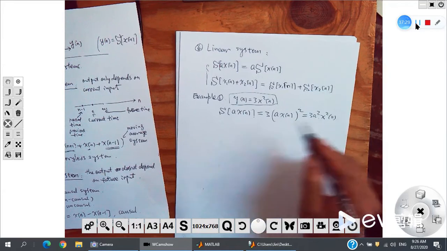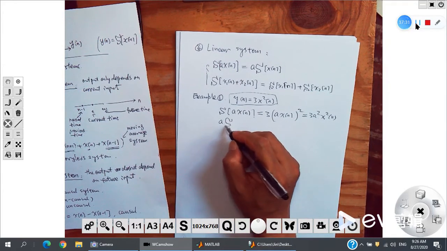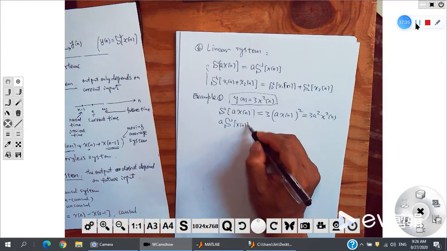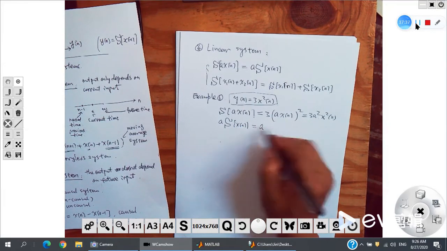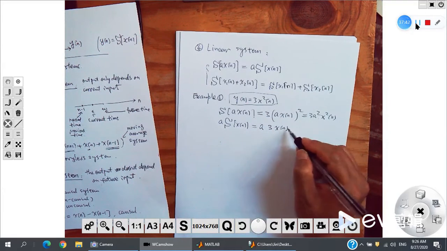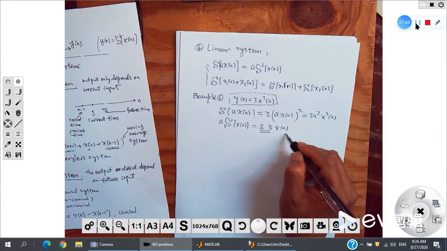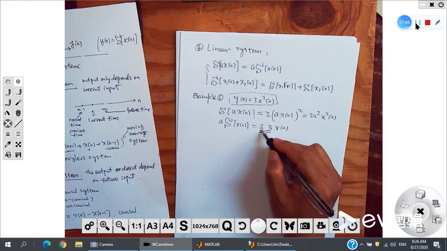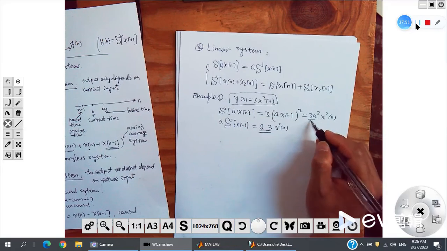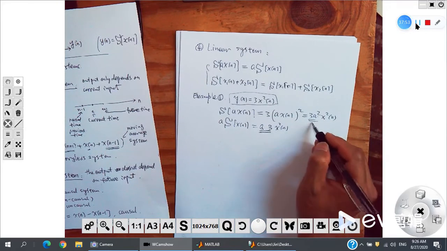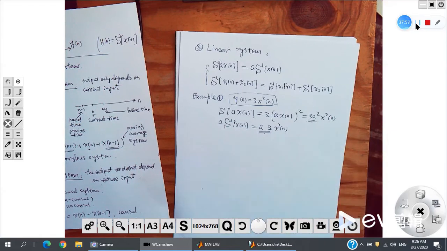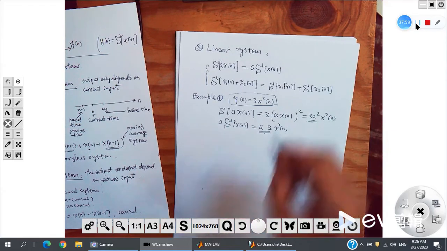Okay. And if you put a in the front, a is still a, and this is 3 times input. So totally it is x of n times 3a in front, and this is x squared. This is x squared of n times 3a squared in front. Are they the same? They are the same only if a is 1, right? For other a, they are different. Here it should be for any a.